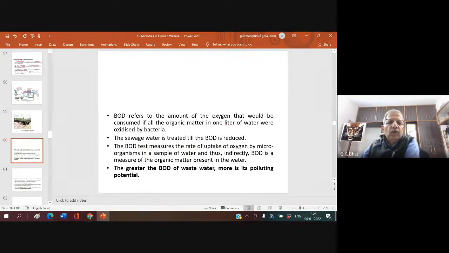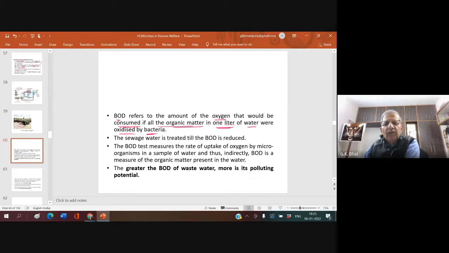BOD refers to the amount of oxygen that would be consumed if all the organic matter in 1 liter of water were oxidized by bacteria.